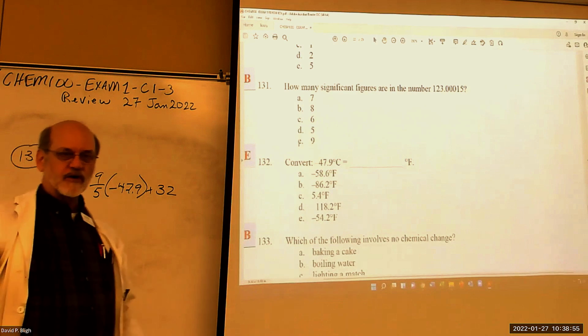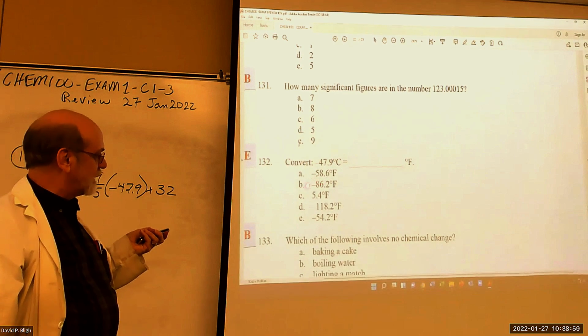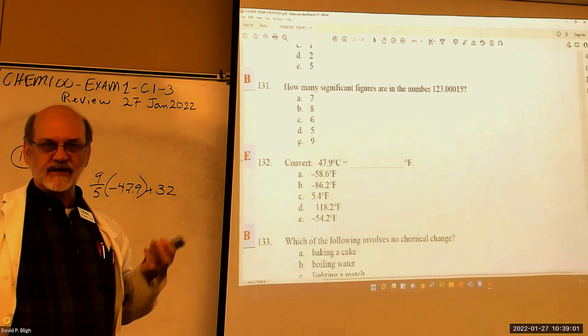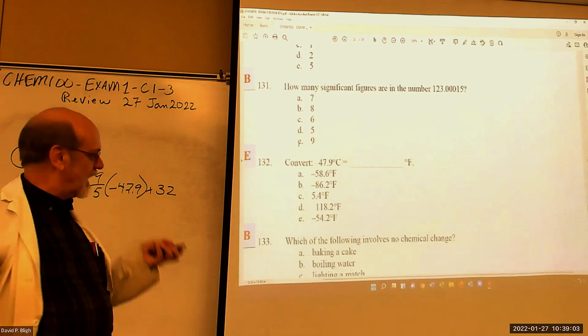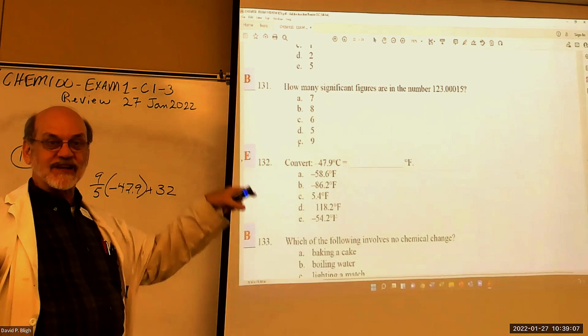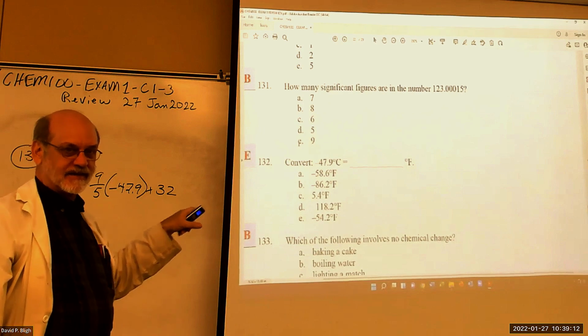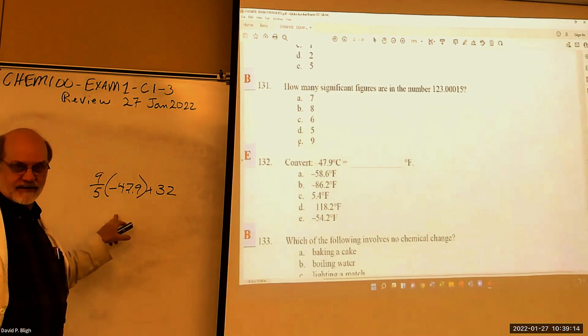Most good multiple choice questions have taken into account the most common mistakes that are made, and an answer is placed in the choices that corresponds to that mistake. So just because you find it there doesn't necessarily mean it's the right answer.